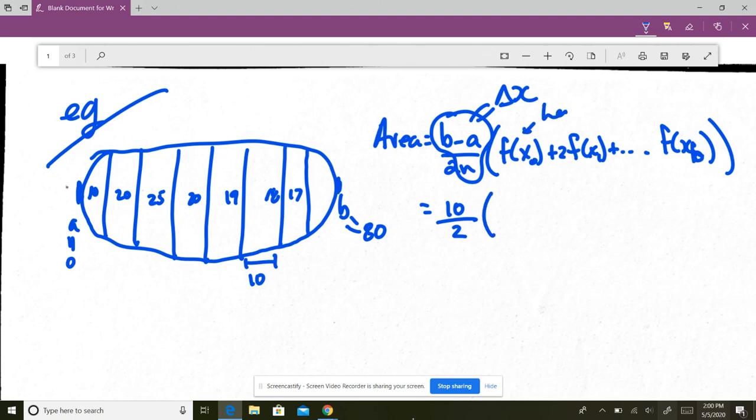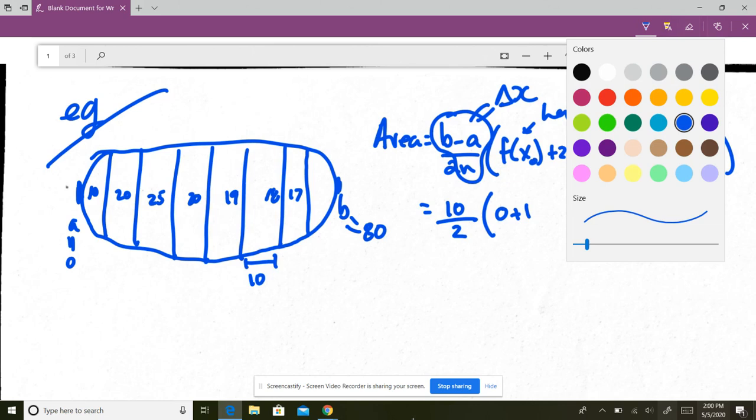These are the heights, which are given to you here. So the first height at A is 0. Plus the second height is 10. Remember, it has a coefficient of 2 in front of it.